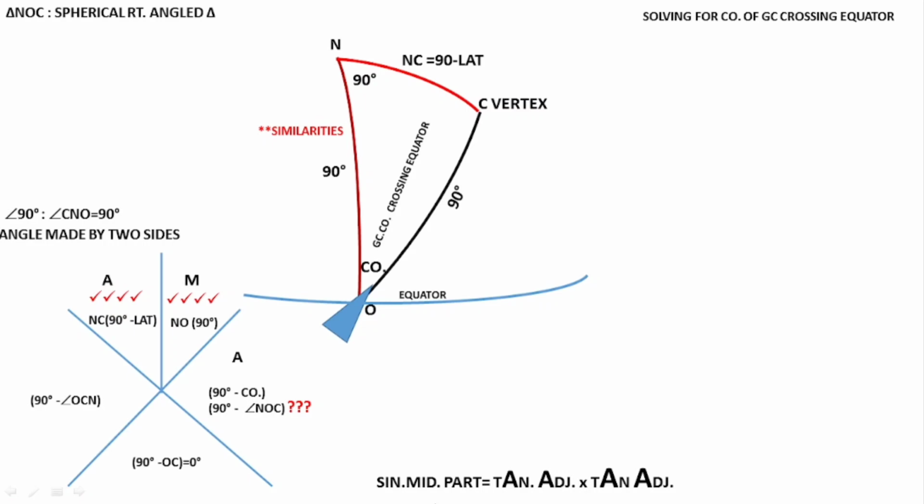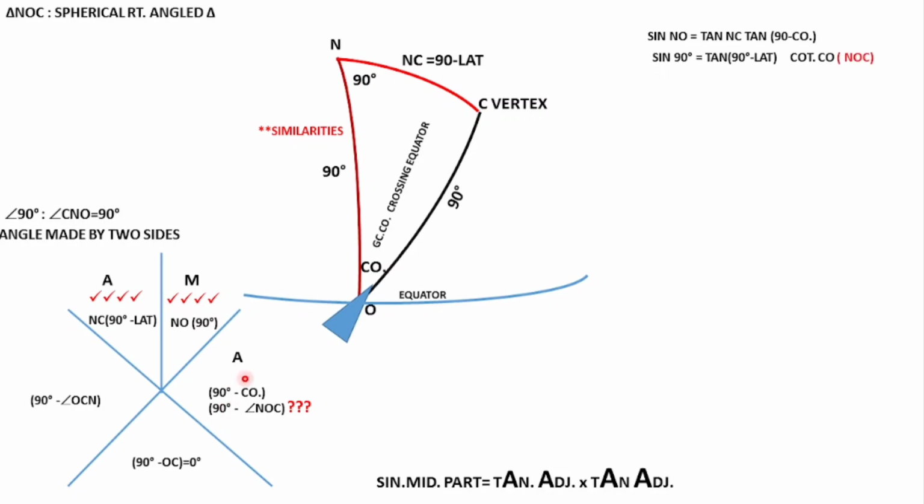And I use the formula adjacent. I put the values here. I have taken sine of middle part NO, tan of adjacent NC, tan of 90 minus course. I put sine 90, NC is 90 minus latitude, and tan 90 minus theta is cot theta. Sin 90 is 1, and 90 minus theta, as I said, is cot theta.